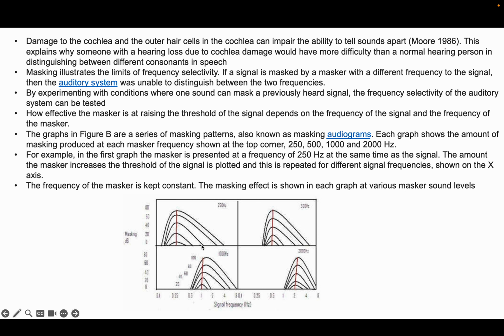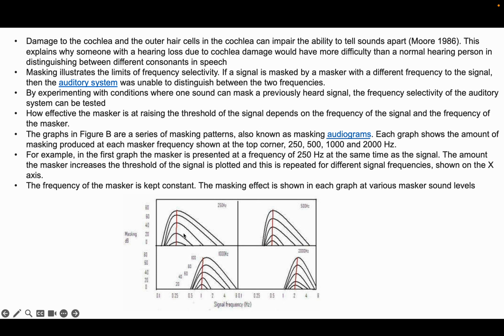But notice if you're up here at 1 kilohertz, it's not until you reach this third curve where you begin to have a little bit of impact, but very little, not really until the fourth curve where you really begin to have an impact on the threshold of hearing right here at 1 kilohertz. So if you were to go back and look at the Bark scale, you would find that that 1 kilohertz is in a different critical frequency band.